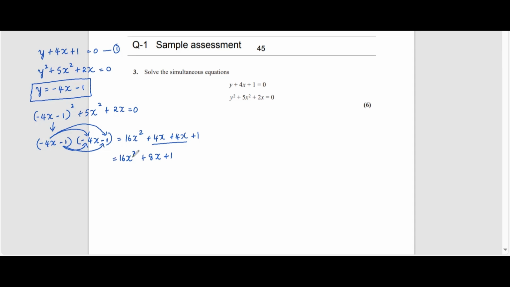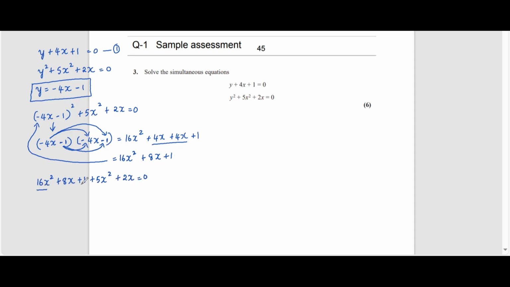Now we'll take this back and substitute in the equation. So (-4x - 1)² becomes 16x² + 8x + 1, and then we have plus 5x² + 2x = 0.